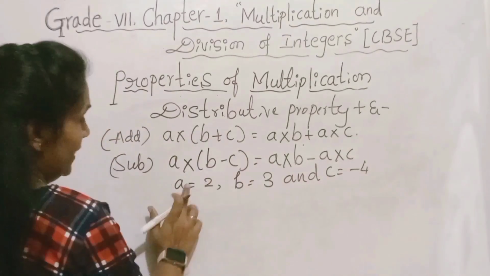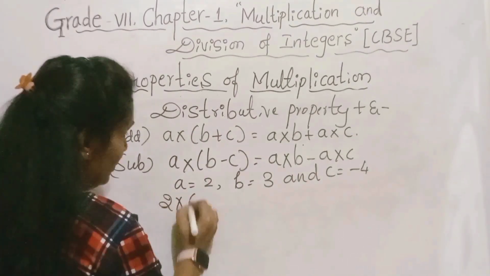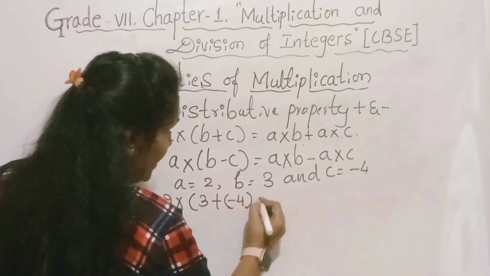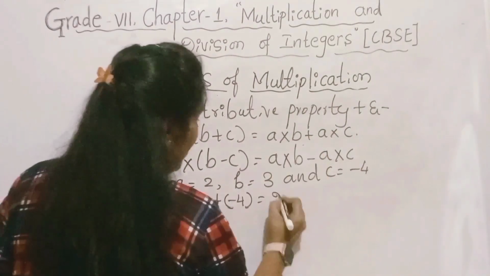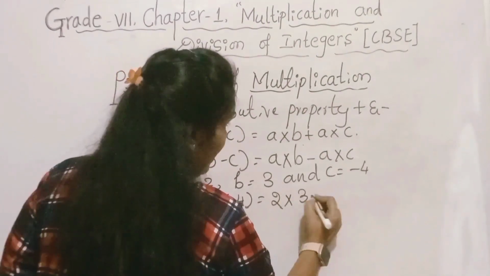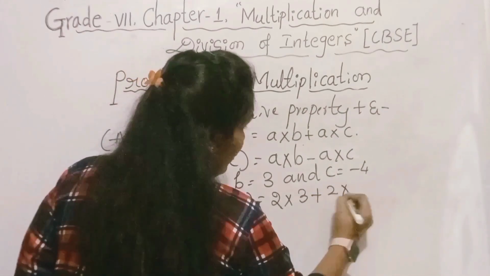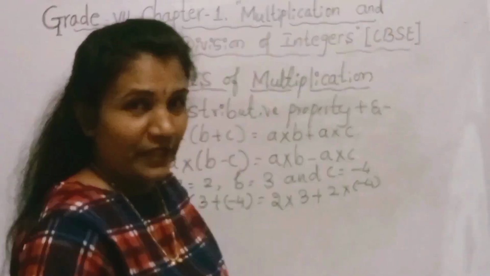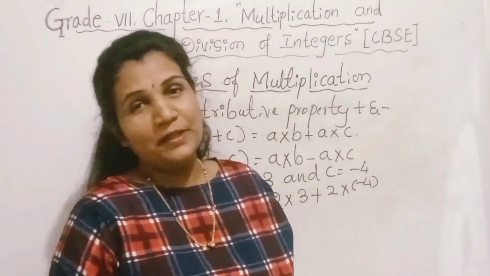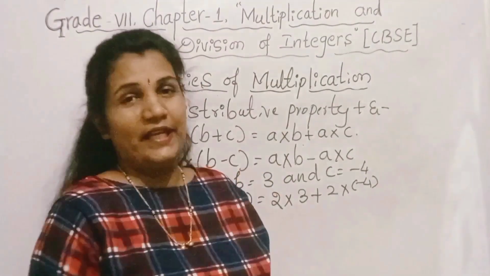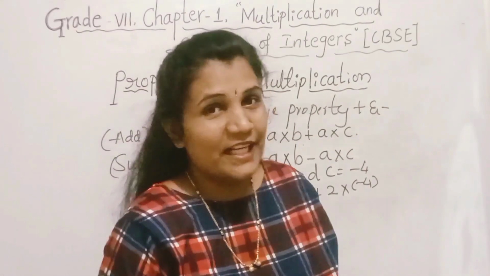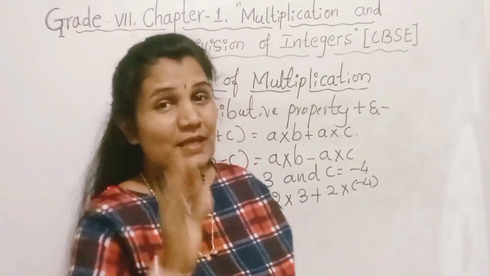A into B plus C: A means 2 into B means 3 plus C means minus 4, is equal to A into B, that is 2 into 3, plus A into C, that is 2 into minus 4. First, we need to open the bracket according to our BODMAS rule. First bracket, then division, then multiplication. After that, addition and finally subtraction.